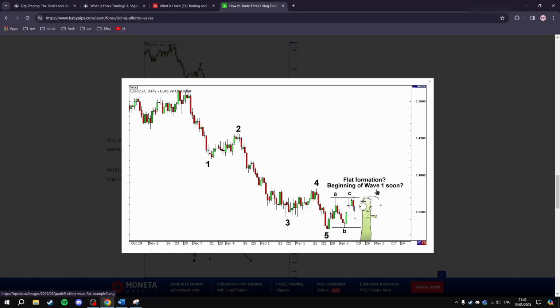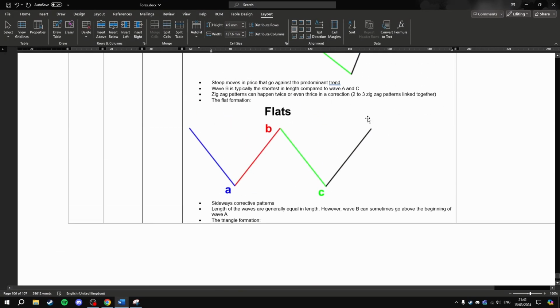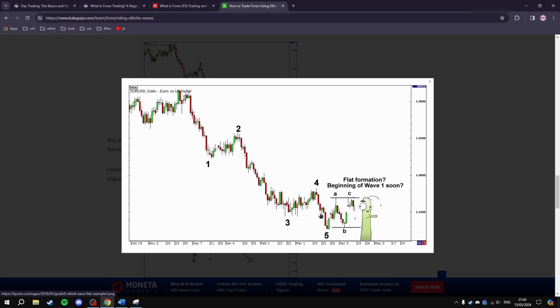Flat formation, beginning of wave 1 soon. So remember, flat formation is when it's like a W. W should be like here.